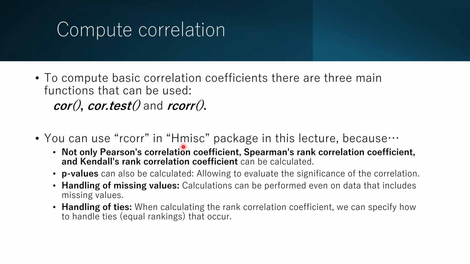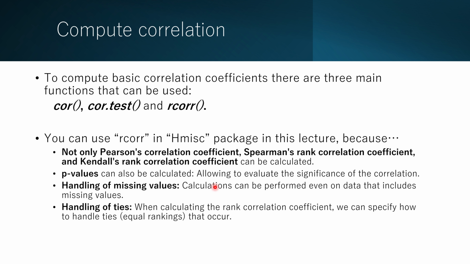Today, rcorr in the Hmisc package is preferred by many researchers, because not only Pearson's correlation coefficient, but also Spearman's rank correlation coefficient and Kendall's coefficient can be calculated, so it is very flexible.